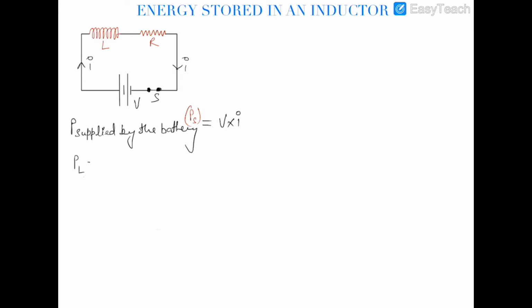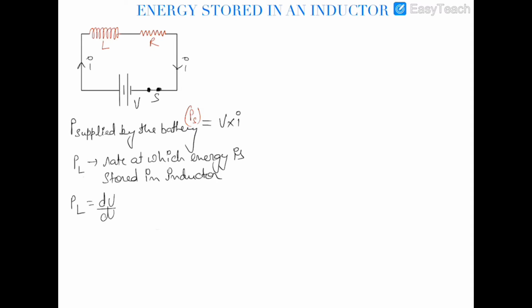So PL is the rate at which energy is stored in the inductor. So this PL can be written as du by dt.